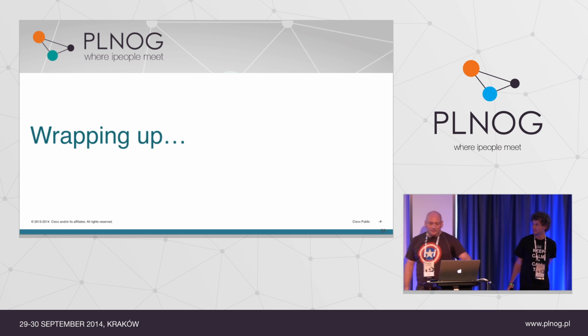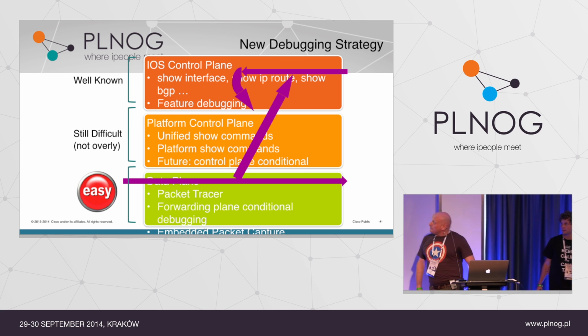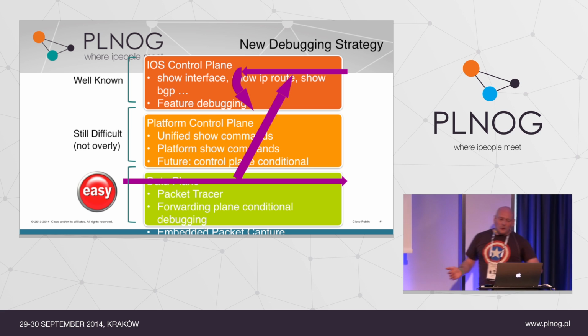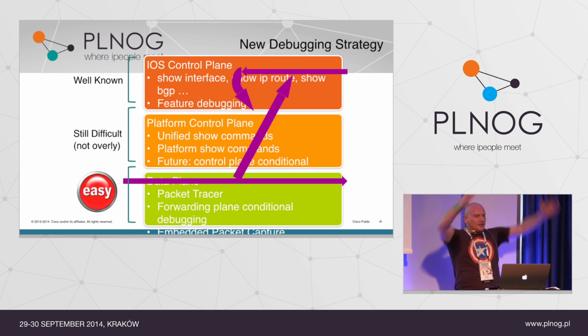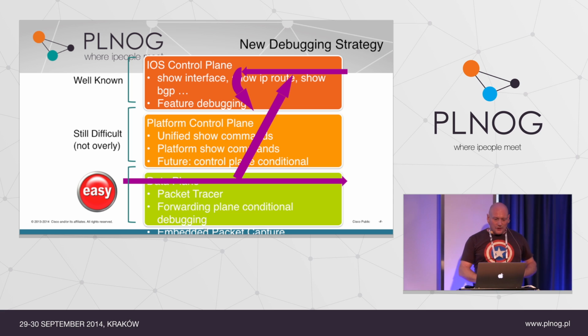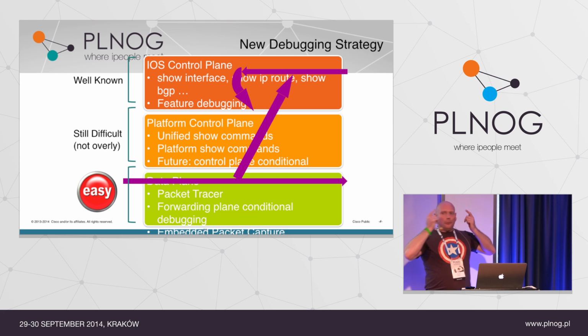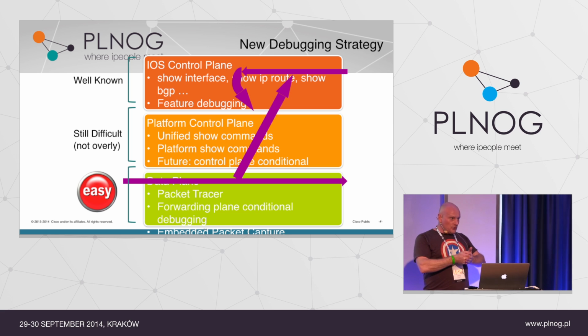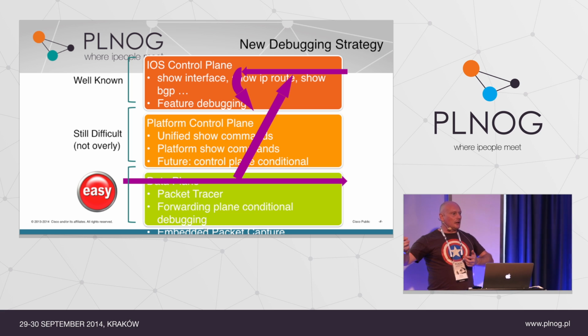To wrap up, before you were troubleshooting from IOS down to the data plane. Now you can do it the reverse way, which allows you to get information from the data plane, and that will open your eyes on what interface to check and what feature to check, and go the other way around.